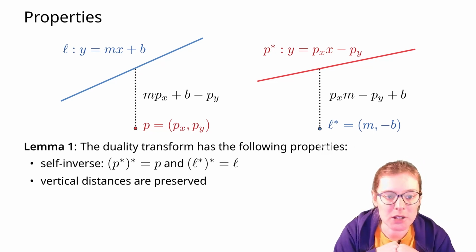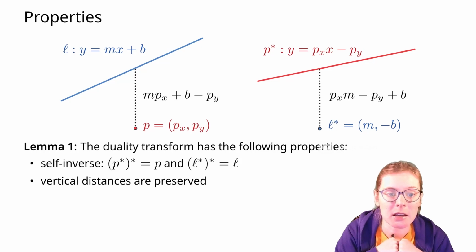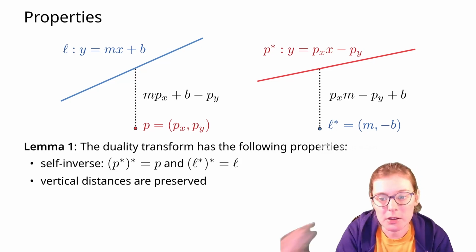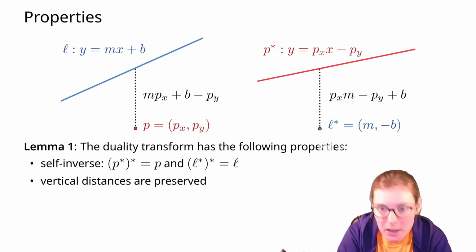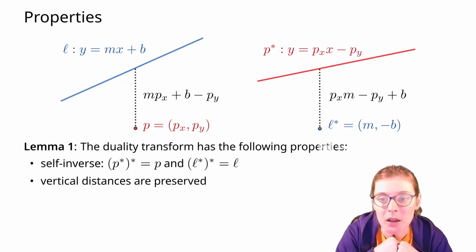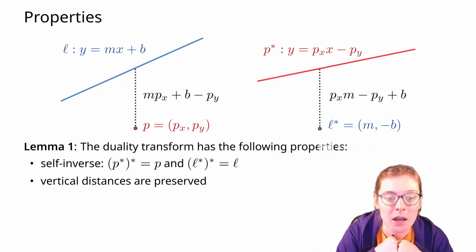The second property is that vertical distances between the points and lines in the primal plane and their dual lines and points in the dual plane are conserved.